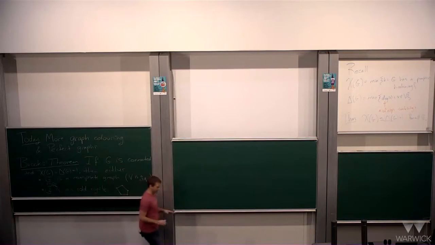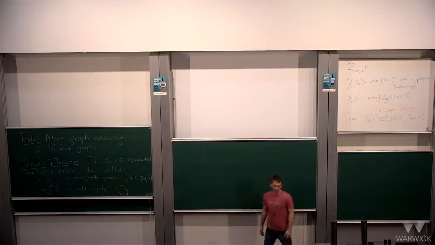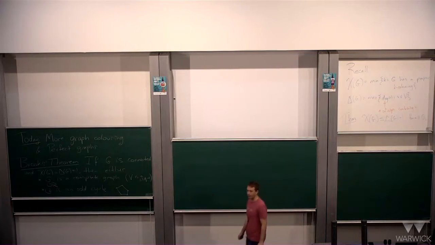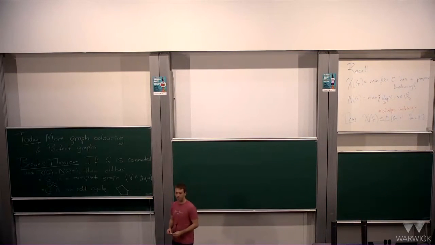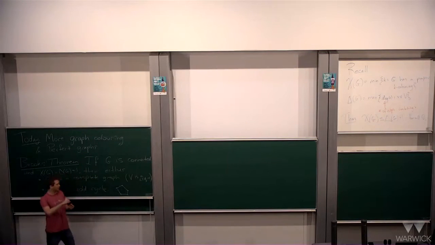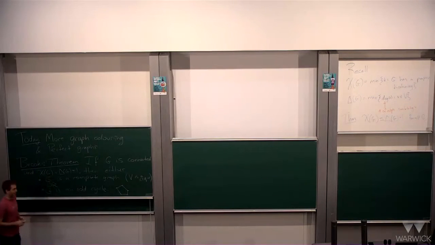Okay, so like I said, we're not going to prove this. This is just for your interest. Yeah, which is exactly delta plus 1. The maximum degree is 2, right? So that's exactly the point.